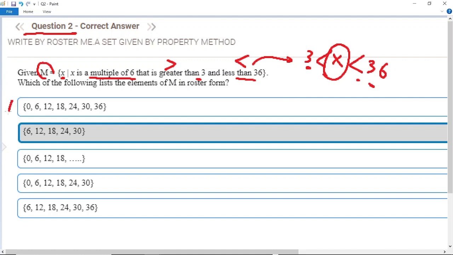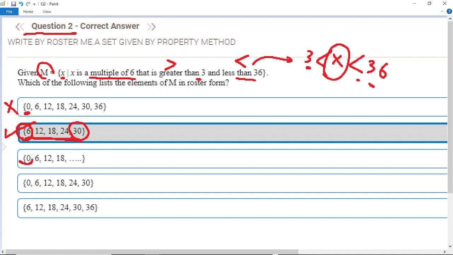First option, of course, is wrong because it starts with 0 and the numbers inside x must be greater than 3. For this one, the first number is 6, which is greater than 3, and the last number is 30, which is less than 36, and all these numbers are multiples of 6, so it's the right answer.